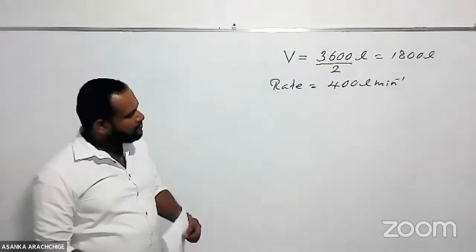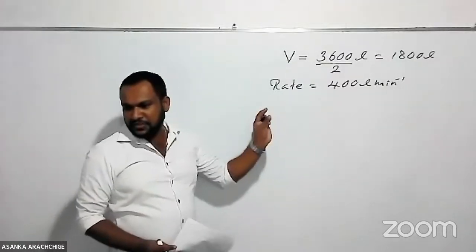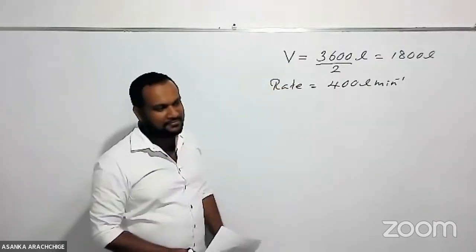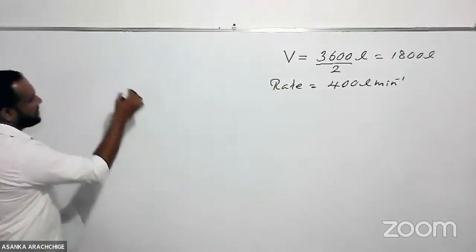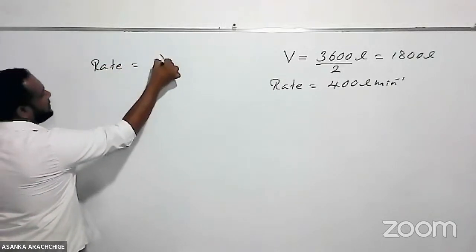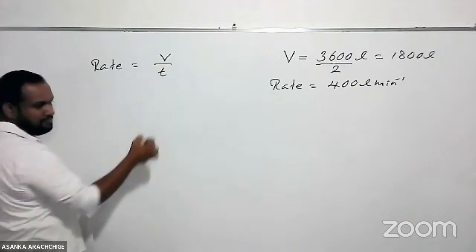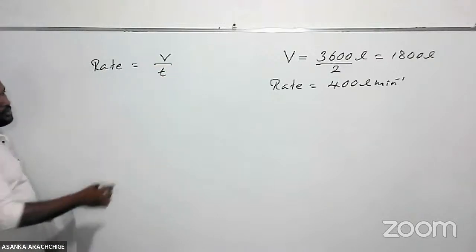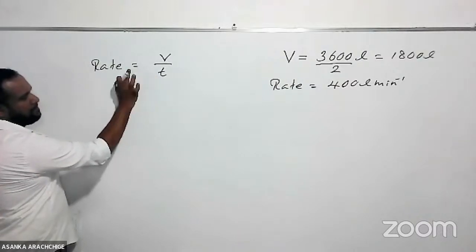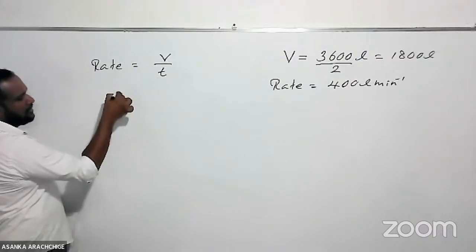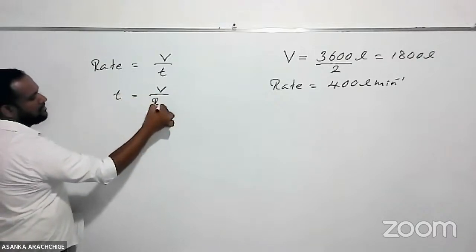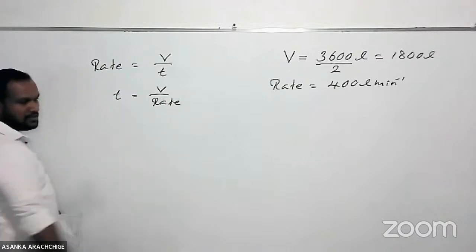Now tell me, what is the relationship between volume, rate and time? Rate equals the volume divided by the time taken. So we have to find the time. So you can interchange the positions of these two. Then T becomes the subject, equal to volume divided by rate. Is that clear?